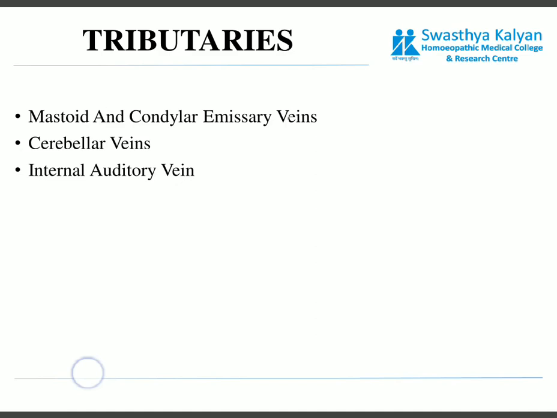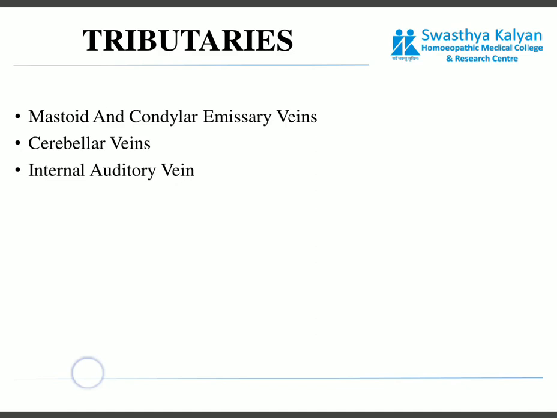Also, the infection from the sigmoid sinus can spread to the transverse sinus because it is related, and also from the transverse it can spread to the superior sagittal sinus. If more than one sinus is involved, it can lead to impairment in the CSF drainage.